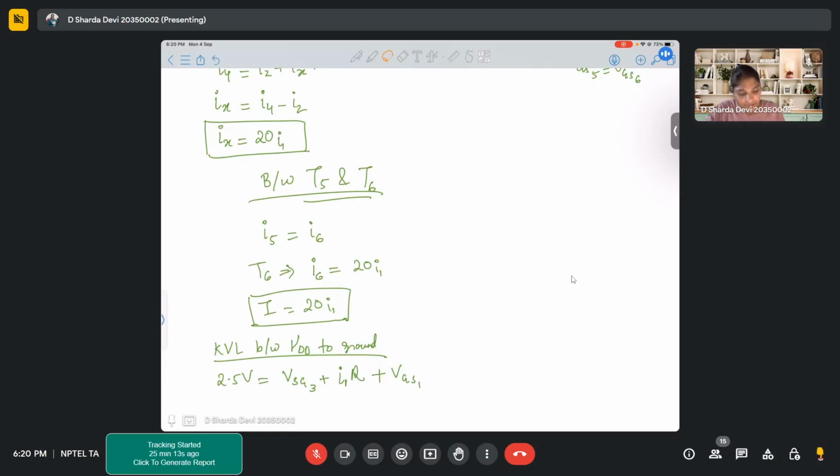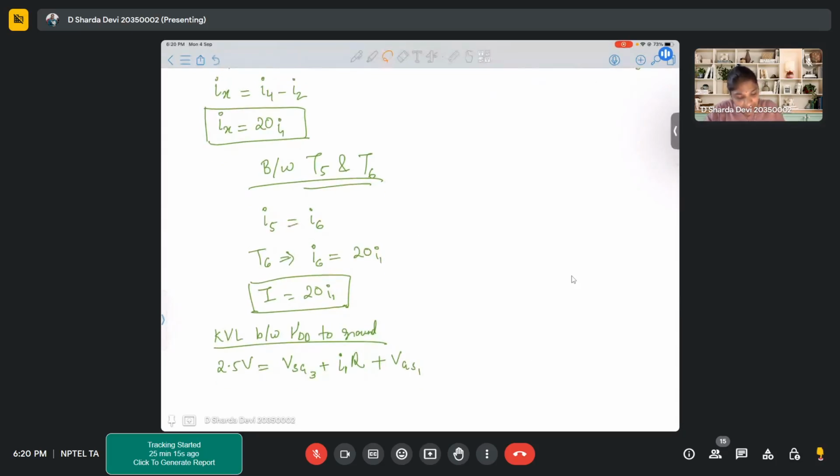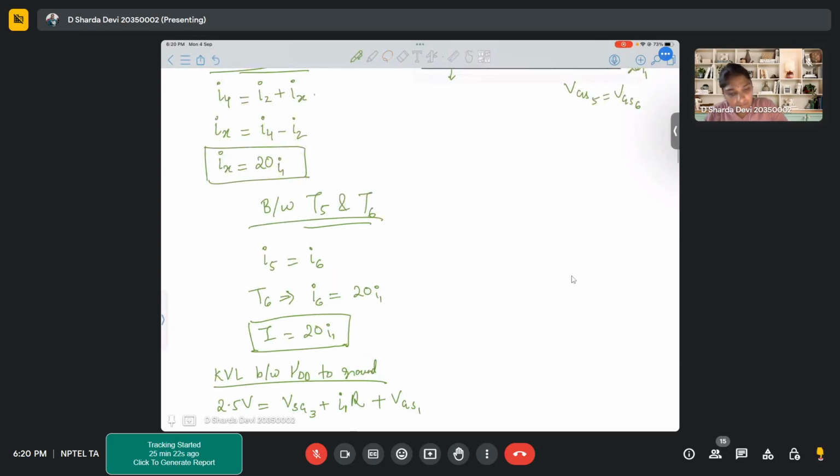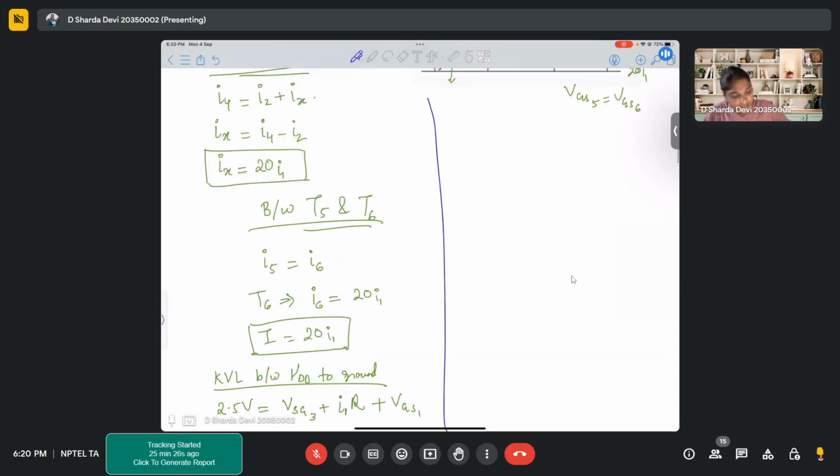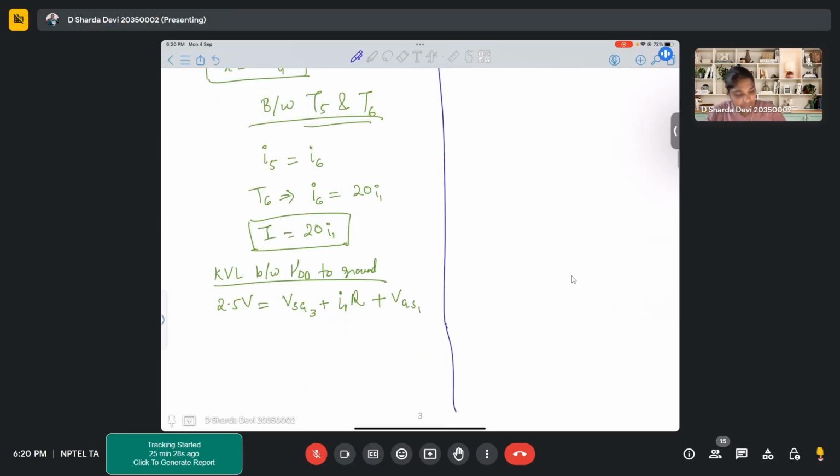So in this expression, can we write all of these terms in terms of I1? We can convert all of this expression in terms of I1, right?